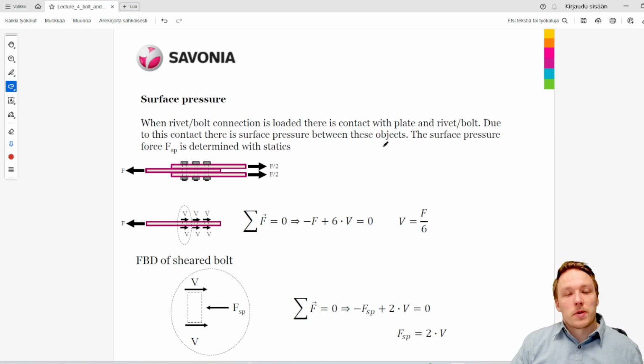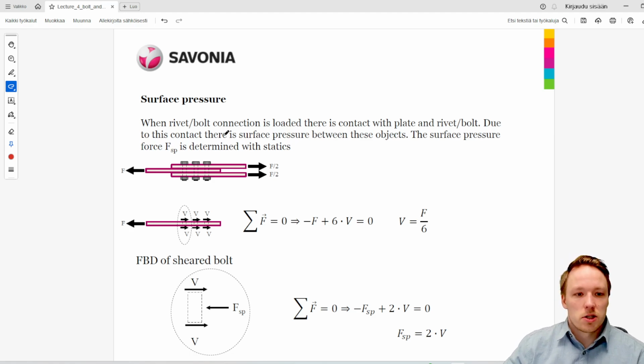What about the surface pressure? The surface pressure is a new thing within this course. The surface pressure is affecting on the cylindrical surface of the bolt.